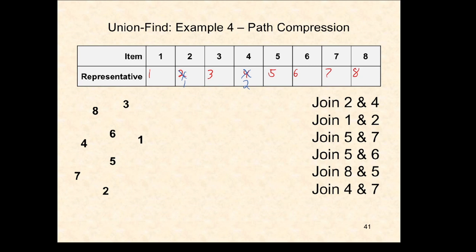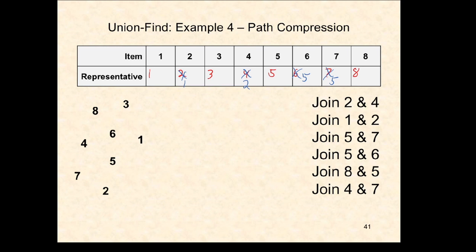5 and 7. When we do this, we stop when someone says me. When I ask 5, who's your representative, we stop when someone says me. So 5 says 5, 7 says 7. They're different. So 7 can change its representative to be 5. 5 and 6. 5 says 5, 6 says 6. 6 changes its representative to be 5.